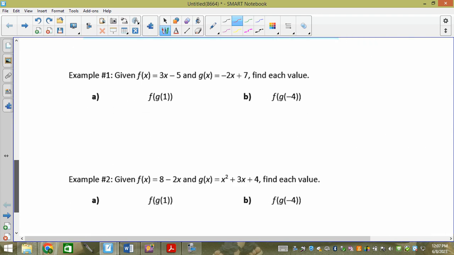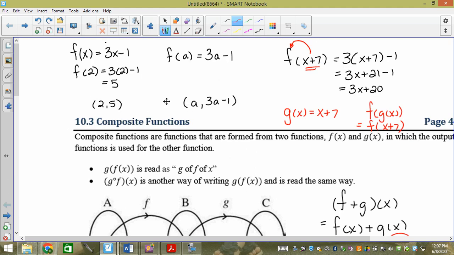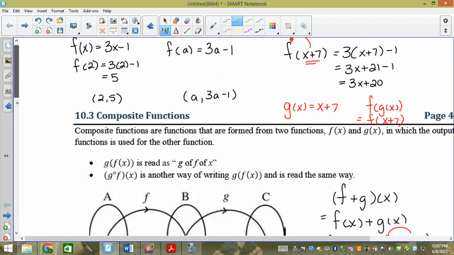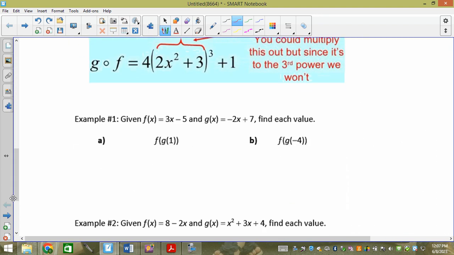So, let's go down here. What if I ask you for f of g of 1? Can we find g of 1? We can find g of 1 off to the side, right? This one has no x. This one actually has a number. So we're finding a specific coordinate.